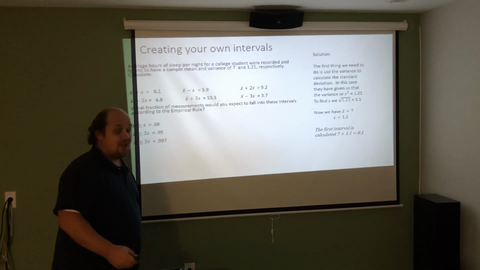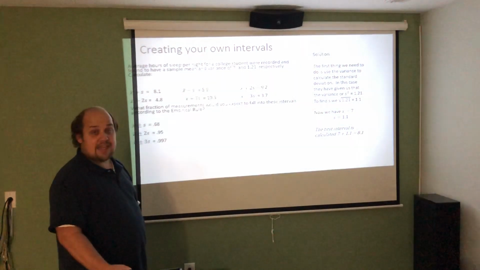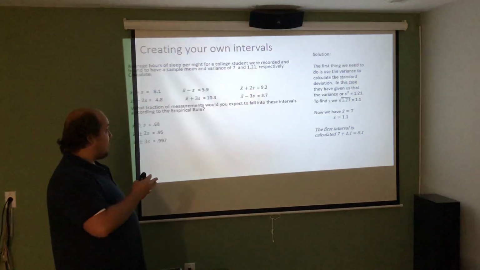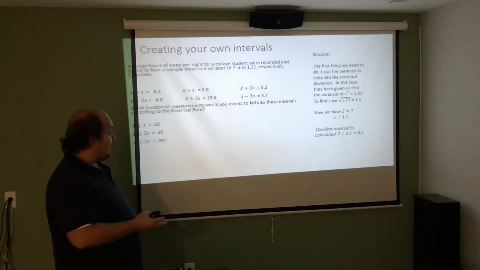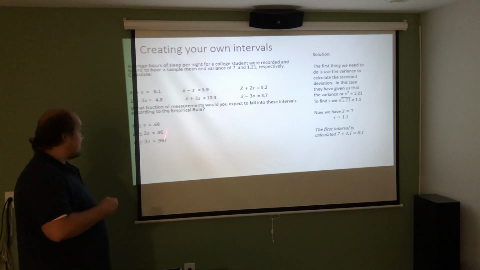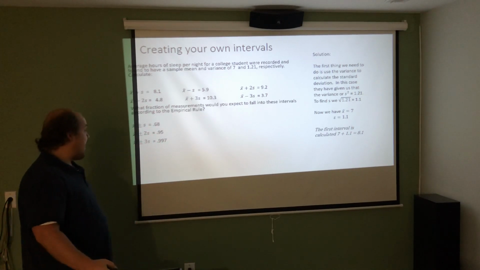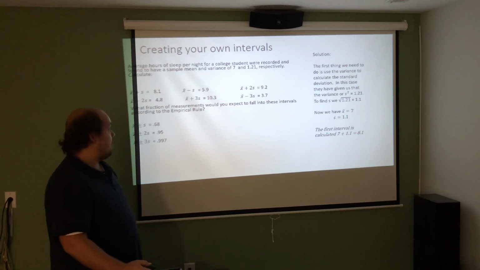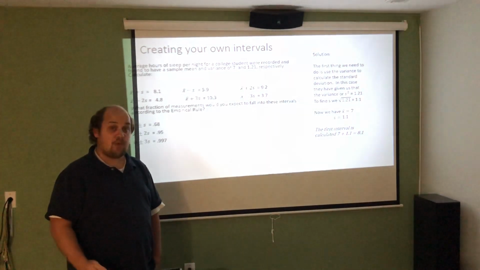Again, all that I'm plugging in is 7 where I see an x bar, and then multiplying by 1.1 and either adding or subtracting. Again, for these three answers for the empirical rule, I'm just repeating back what those probabilities are: 0.68, 0.95, and 0.997.